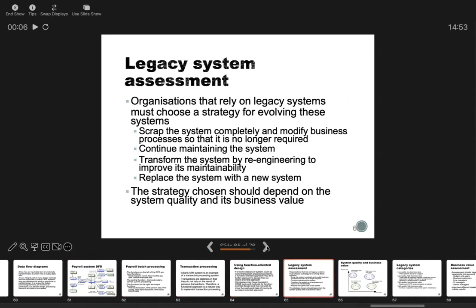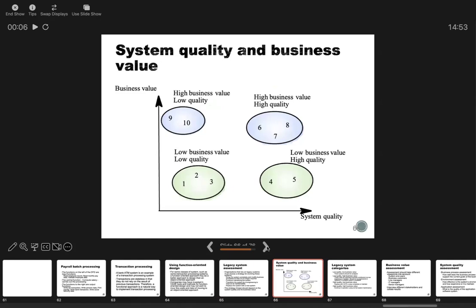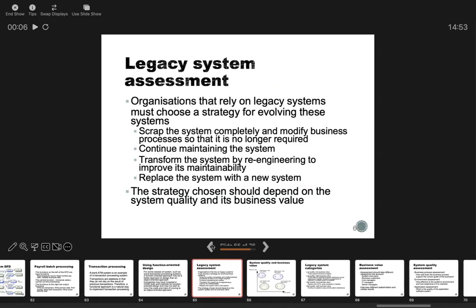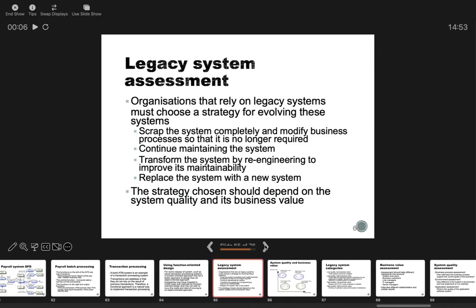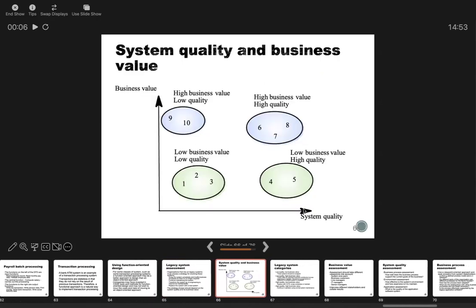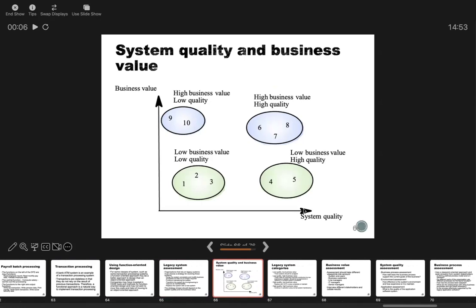So the idea is that some systems have business value, and some systems have system quality.